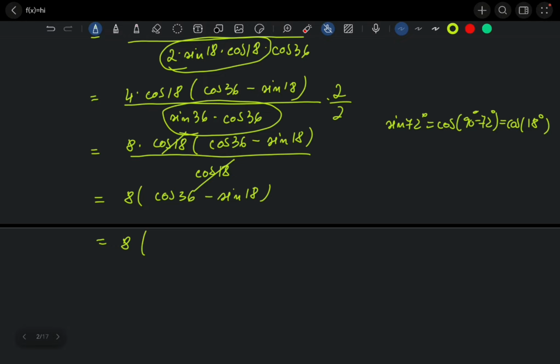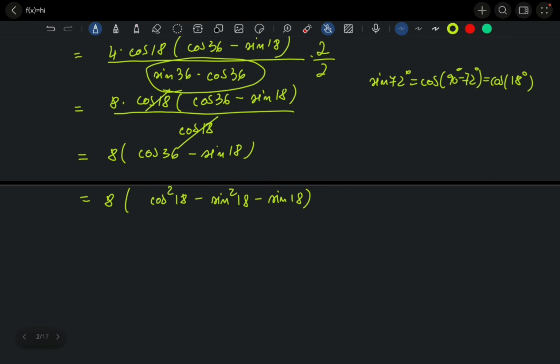And we get 8 over cos of 36 degrees, which is cosine squared of 18 minus sine squared of 18 minus sine of 18. And now let's turn all the terms into sine of 18. We know that sine squared of x plus cosine squared of x is equal to 1. So cosine squared of x will be equal to 1 minus sine squared of x.